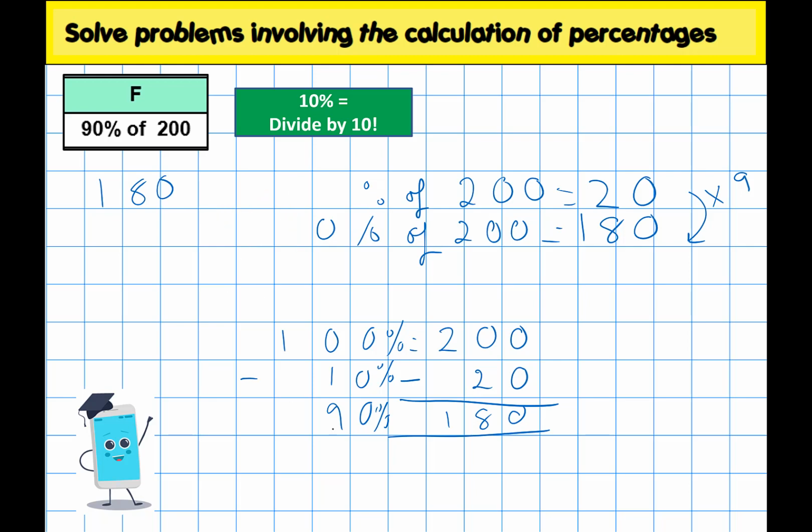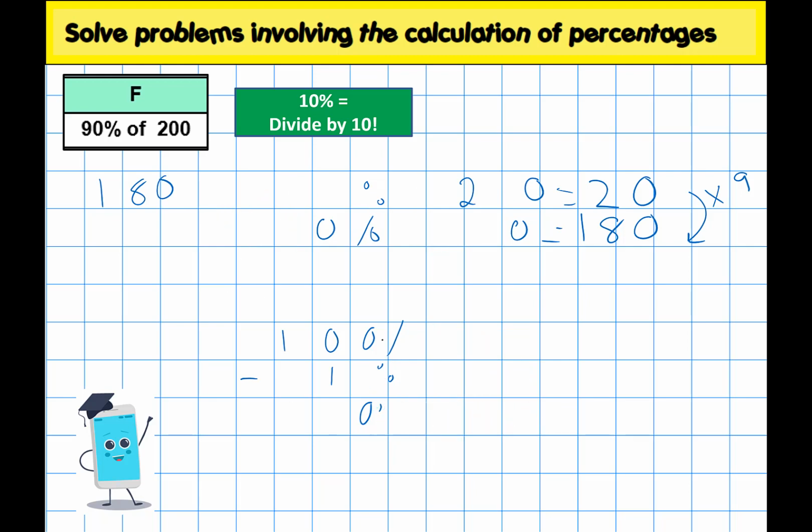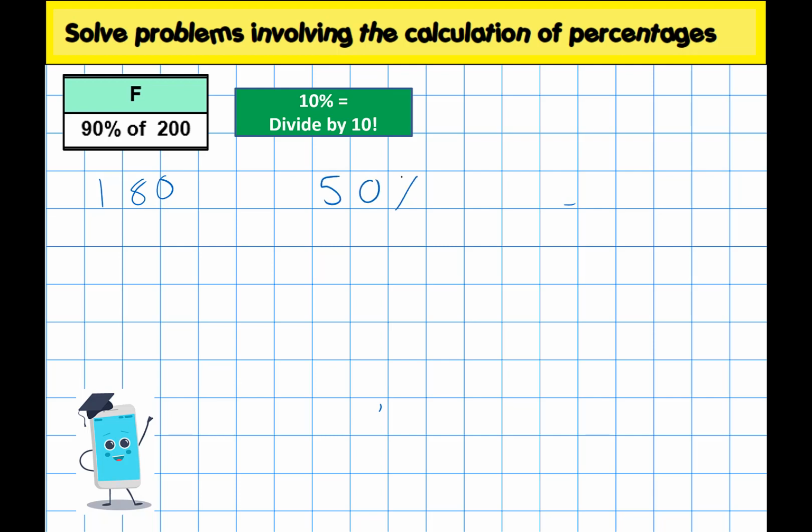Okay. I mentioned earlier, you might have wanted to do 50%, 10%, 10%, 10%, 10%.